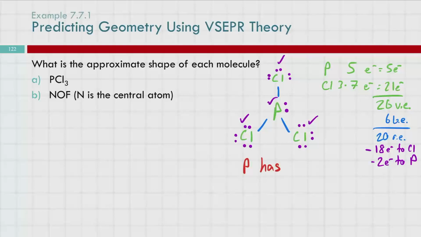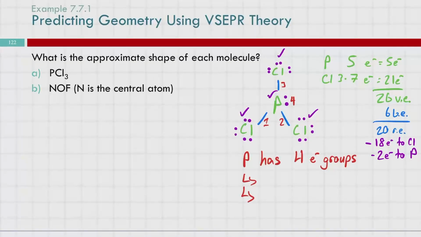It's not 3. It's 4. It's 4 because we've got 3 bonds and 1 lone pair. So it has 4 electron groups.